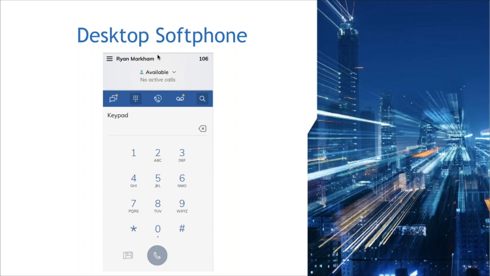You also get really nice, easy to see screen pops if you're working on your email or in a spreadsheet, doing a project, and a call comes in. You get a nice, easy screen pop of who's calling you with the ability to click, answer, and take that call.